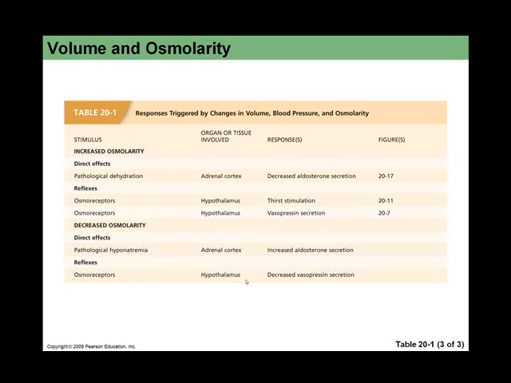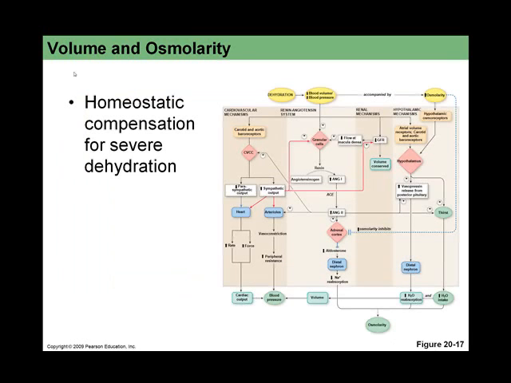And then the reflexes, the osmoreceptors at the hypothalamus, will decrease the vasopressin secretion. So you want to eliminate the drive at the kidney to have those open water channels. You want to pull them out of the apical membrane and just stop taking back any water and have the most dilute urine possible.